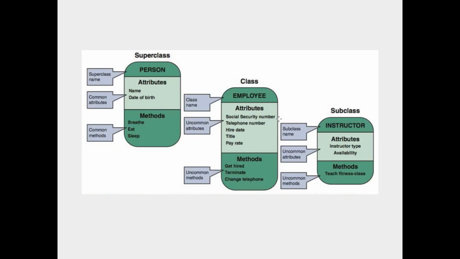In this case, you can have name and date of birth, and then very general methods like breathe, eat, and sleep. Now when you create a superclass, usually the class can have all the attributes from the superclass as well.